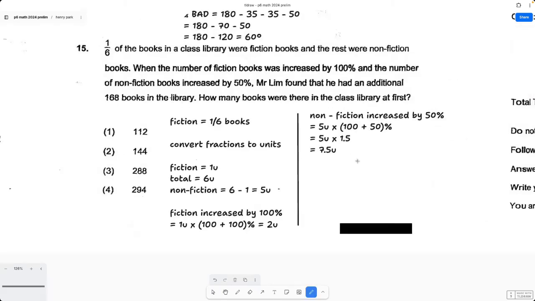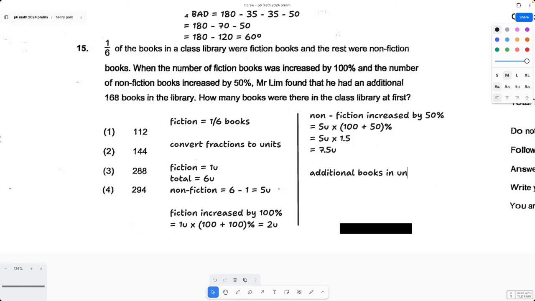Okay, so now we know that we have the non-fiction increase, so we know the total 6 units. So additional books in units is equal to 7.5 plus 2 minus 6.